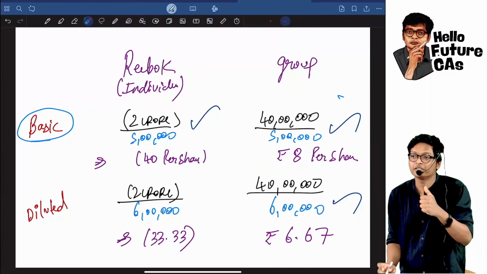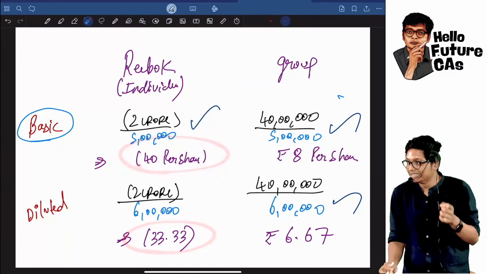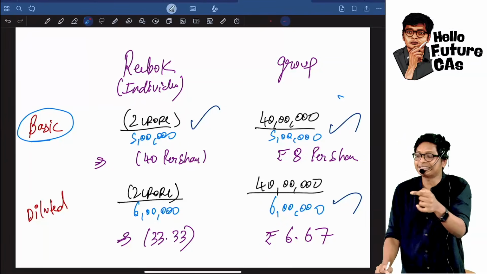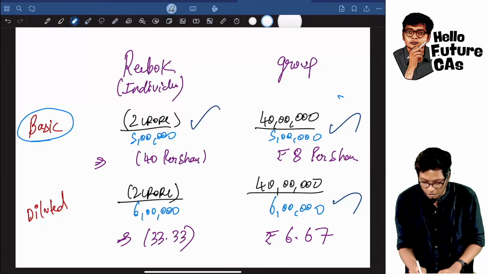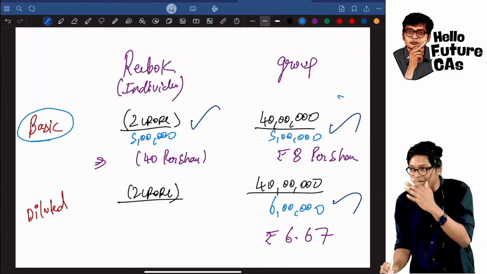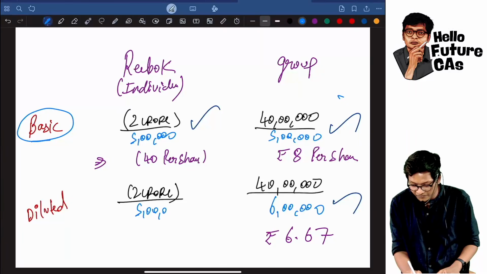So it's a dilution. Negative 40 becoming negative 33.33 is not a decrease. It's an increase. So you should not divide by 6 lakhs. Dilution should not happen. It is basically anti-dilutive. So here also you should keep only 5 lakhs, and here also you should disclose negative 40.